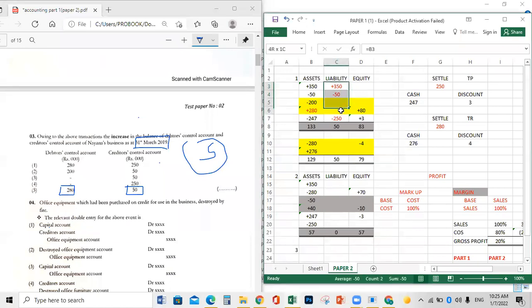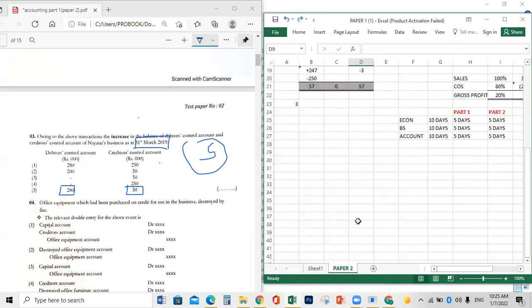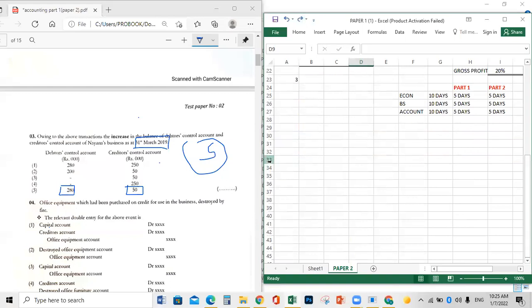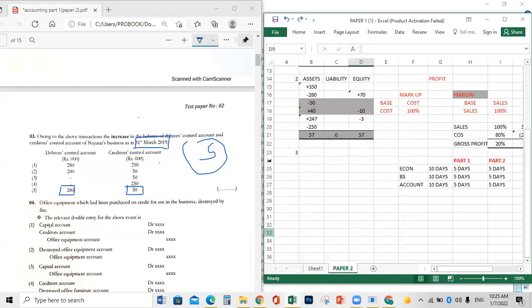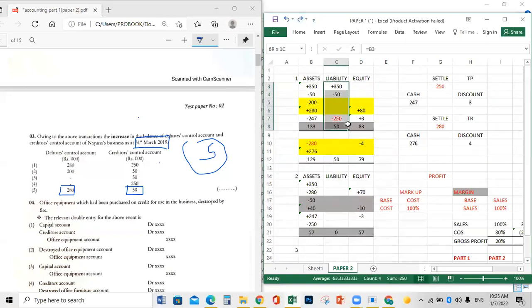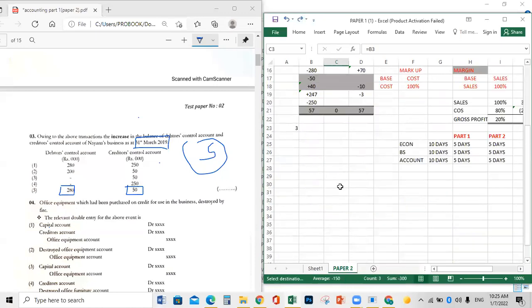Just add these three and you will get 50,000. So the answer is the fifth one. Be careful in the liability. If they give you a bank loan, you should make sure you take it out, because that's not relevant for trade payable. Okay, so yes, got the answer.